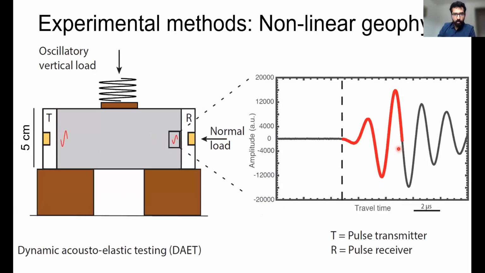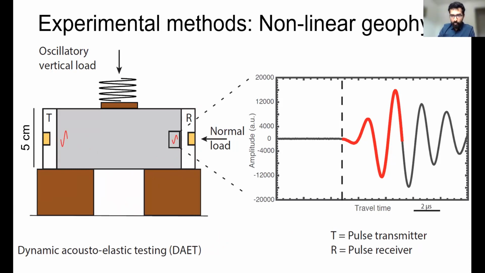This technique is called dynamic acoustoelastic testing, and this was really popularized by a few of our collaborators at Los Alamos National Lab, and Jacques and Parisa, who are engineering mechanics professors at Penn State. What we do here is take a block of granite, the same material as our wall rock, with the same cross-sectional area as the friction experiments and the same length, and subject it to the exact same horizontal and vertical loads as our friction experiments.